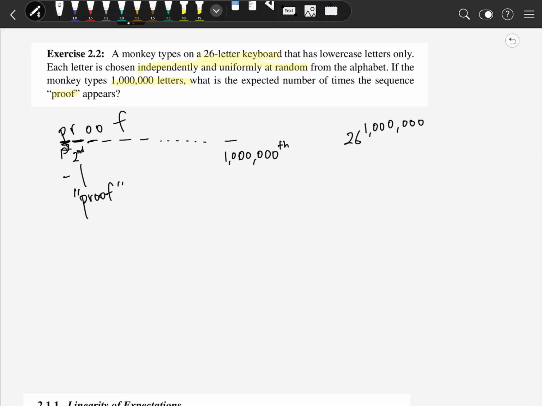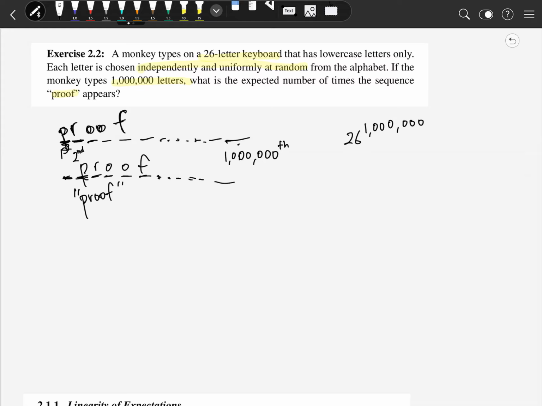Another case will be something like this. So there, the sequence "proof" appears for the first five letters, and in the rest of the letters it doesn't appear. And the second case is when the sequence "proof" appears in the second, third, fourth, fifth, sixth letters, and for the rest of the letters it doesn't appear.